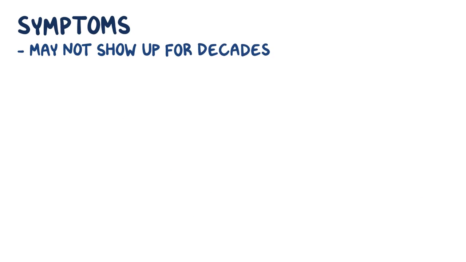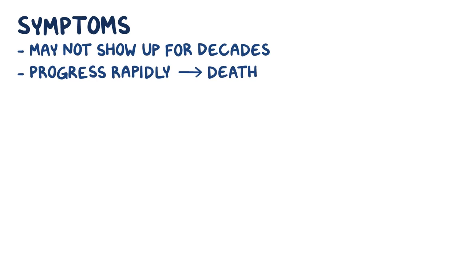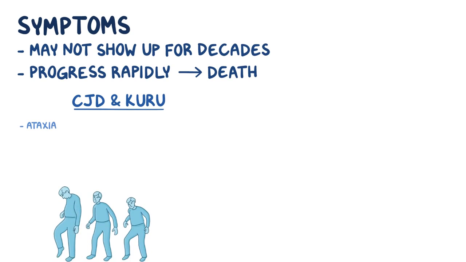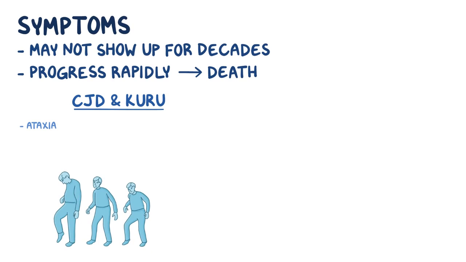Symptoms of spongiform encephalopathy might not show up for decades after prions have entered or formed in the body. But once symptoms start developing, they tend to progress rapidly, resulting in death within a year. Early symptoms for Creutzfeldt-Jakob disease and Kuru involve motor symptoms like ataxia, which is defined as lack of coordination of voluntary muscles, and neurological symptoms like poor memory and behavioral changes.